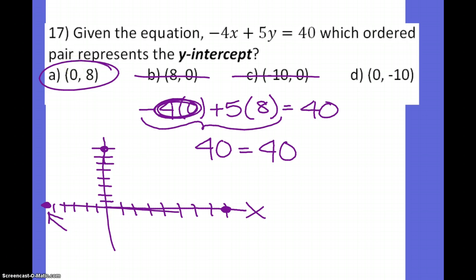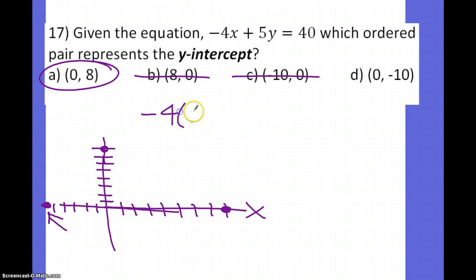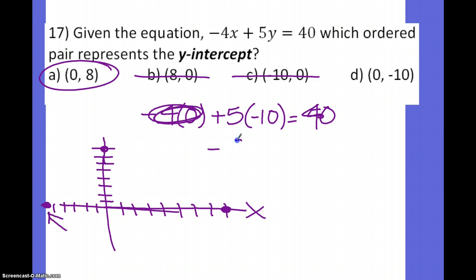Let's just try D to make sure. I'm going to put in 0 plus 5 times negative 10 and 40. This is 0, this is negative 50, and negative 50 does not equal 40, so D is out.